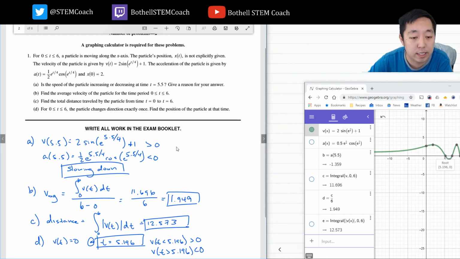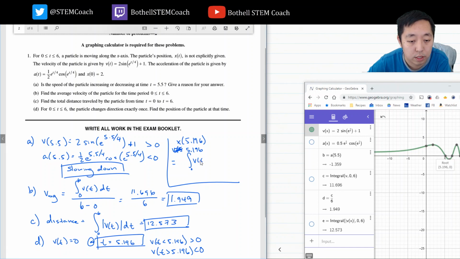Then, to find his exact position at that time, I need his displacement, the integral from 0 to 5.196 of v(t) dt, plus his initial position, and at time 0 he starts off at 2.